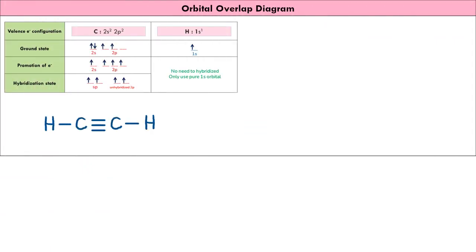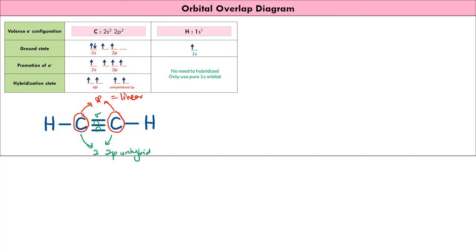Okay, so ingat balik tadi, kita punya carbon dekat sini, these two carbon, okay, adalah sp, so kita akan lukis dia sebagai linear. Okay, kemudian jangan lupa kita ada sigma bond, pi, pi. So, setiap satu carbon ni tadi, macam saya tulis, ada dua 2p unhybrid.